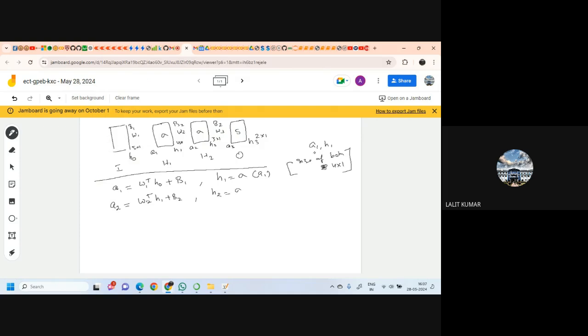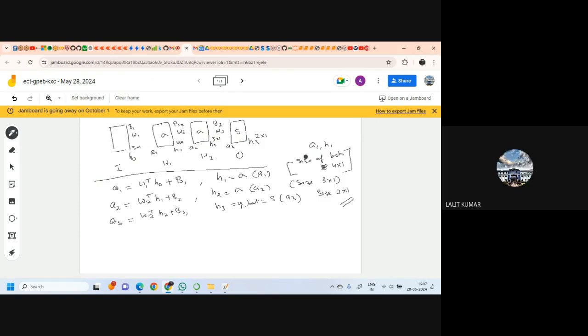H2 is equal to sigmoid of A2. Size will be 3 into 1. And A3 is equal to W3 transpose into H2 plus B3. H3, which is nothing but Y hat, is equal to softmax of A3. Size will be 2 into 1. So this is for the forward propagation. A3 and H3 are the same size.